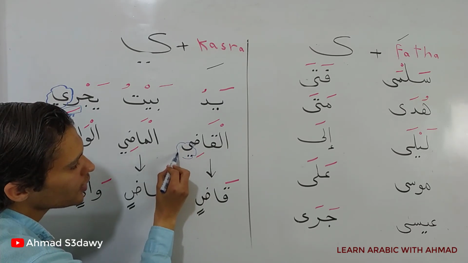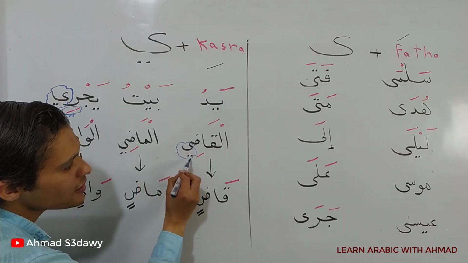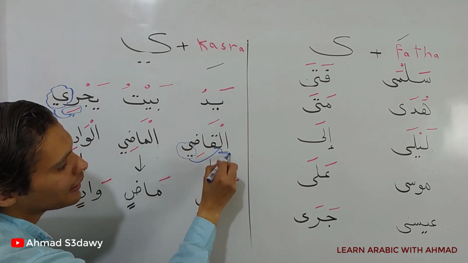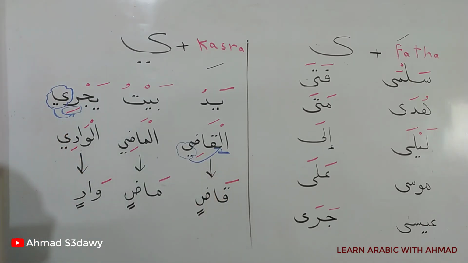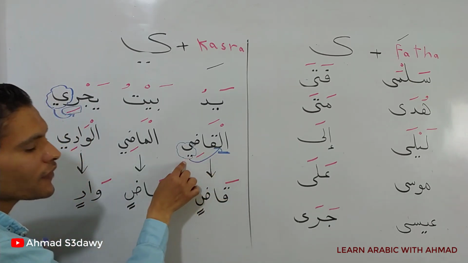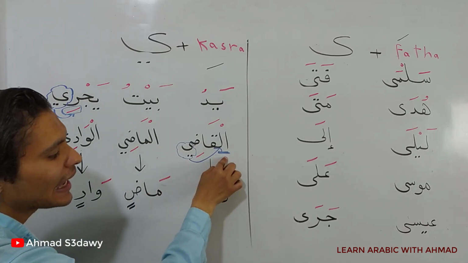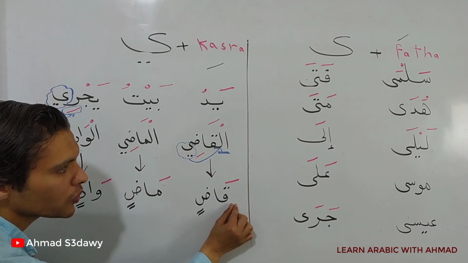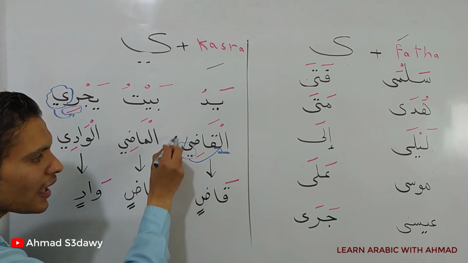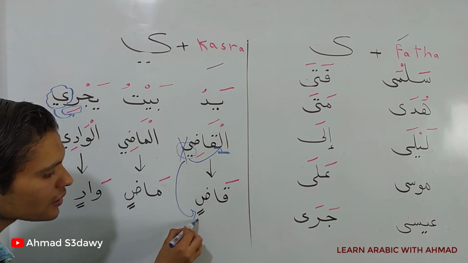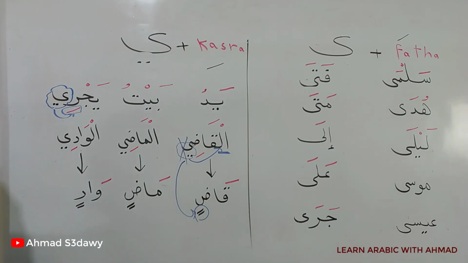There is something you need to know. This ya right here stays in the presence of al. As long as there is al, you have to keep the ya in the word. If you make the al disappear, there is no al anymore, you have to delete the ya and you put tanween with kasra.